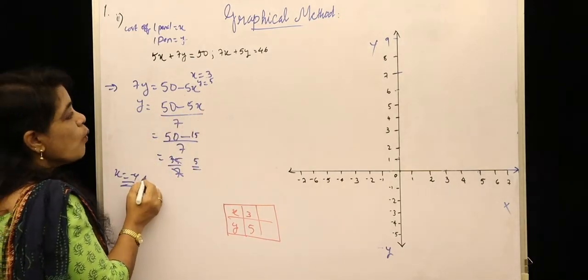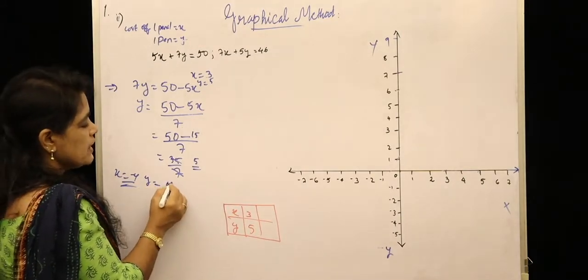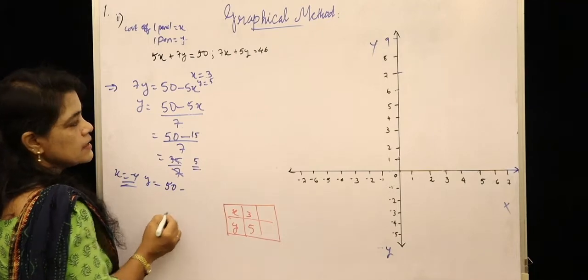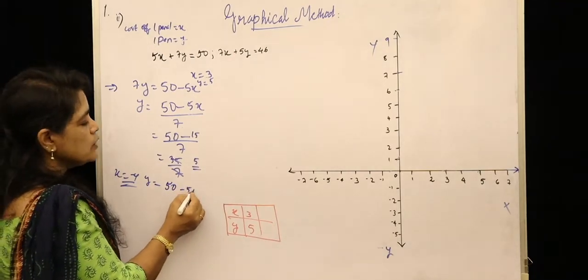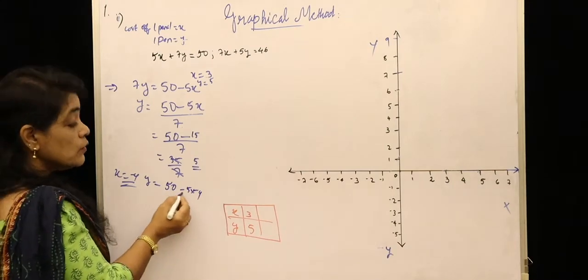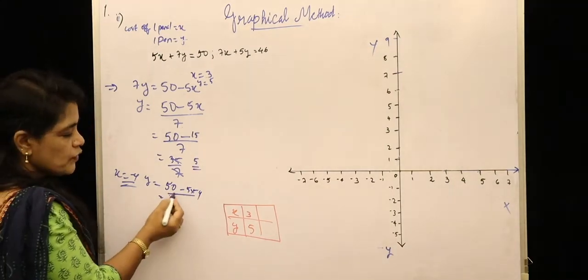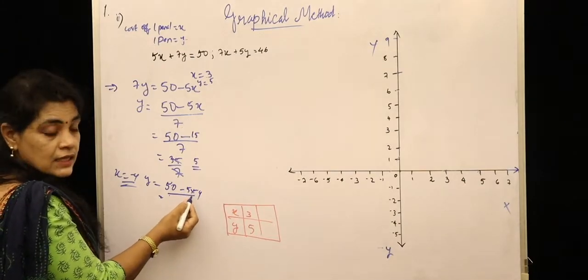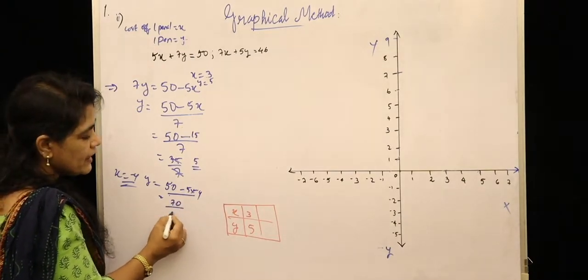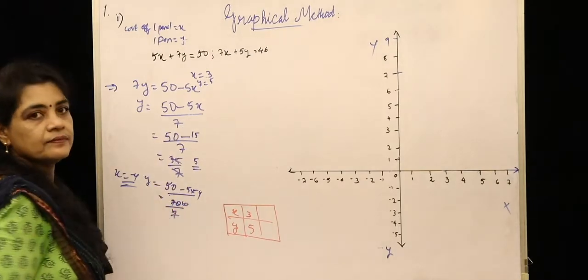So y is equal to 50 minus 4 into minus 4. So you will be getting 70 here, isn't it? 50 plus 20. So 70 divided by 7, that means 10 times.